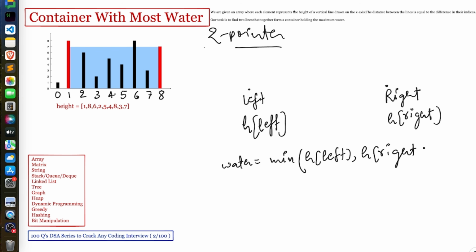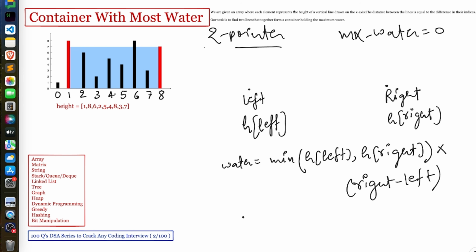The water that could be contained is only up to this height into the distance between these two indices. So the distance is right minus left.